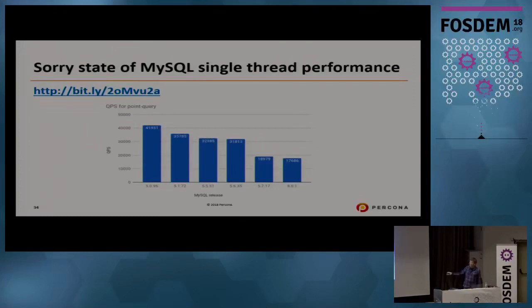And here is the link to the blog of Mark Callaghan, who is the self-proclaimed champion of making MySQL single thread performance suck less, right? So he has been doing a lot of investigations into this problem, attracting community attention to it.